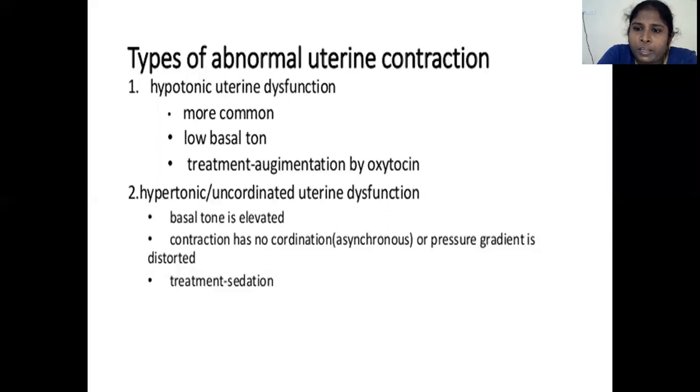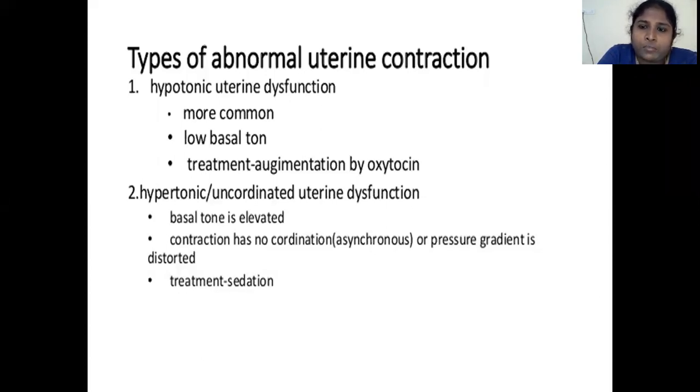One ampule of oxytocin contains 5 units. So for a primary it will be 5 units oxytocin drip, and for a second gravida half ampule means 2.5 units oxytocin drip is added to augment the uterine contractions. More than that in a second gravida will cause excessive uterine contractions. Always remember, excessive uterine contractions are also dangerous.